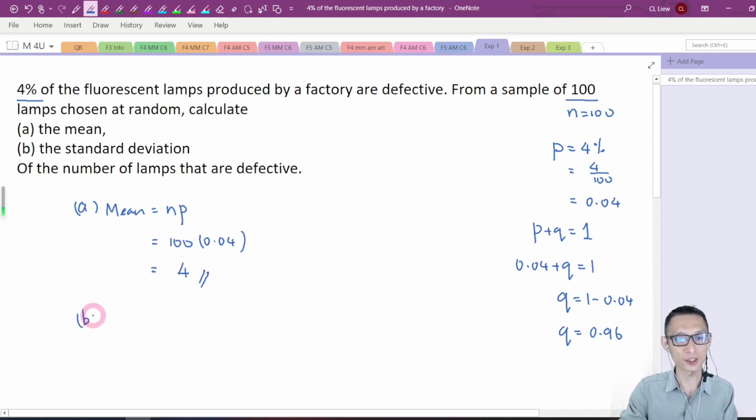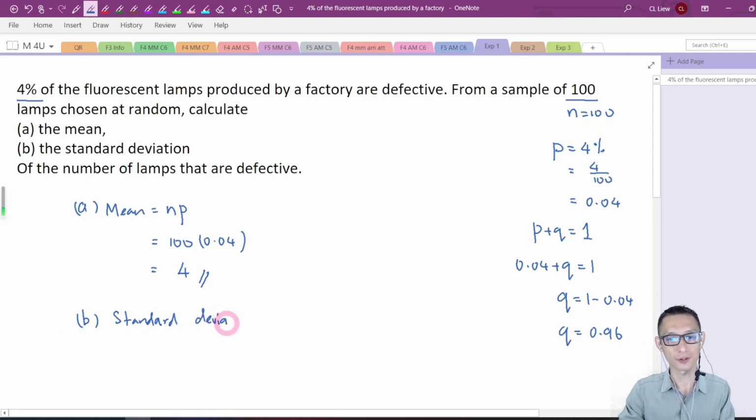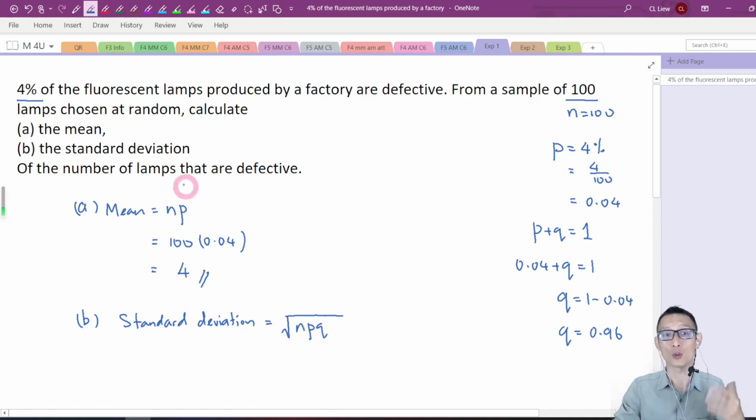How about the standard deviation? Still remember the formula, square root of npq. If the question is asking about variance, the formula is npq. For standard deviation, we need to put a square root sign. So n is equal to 100, p is equal to 0.04, and q is equal to 0.96.